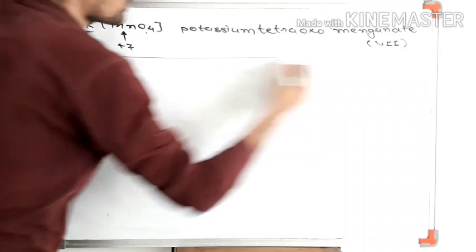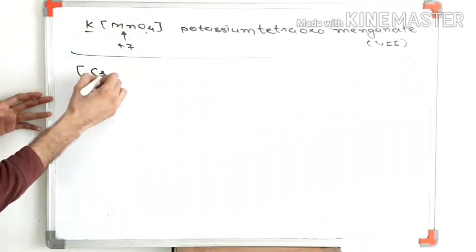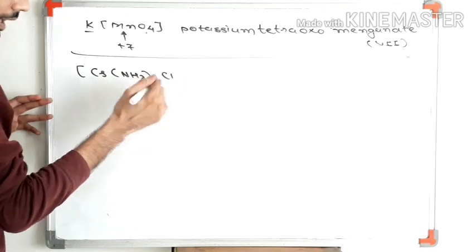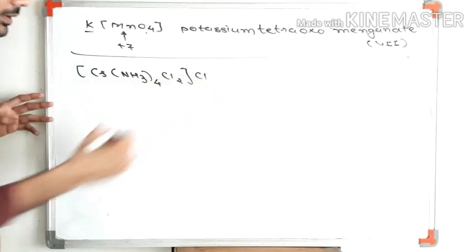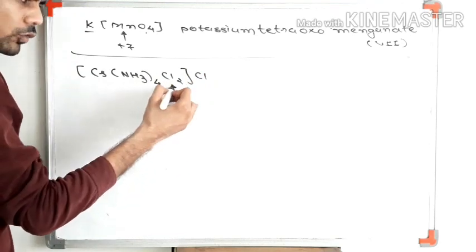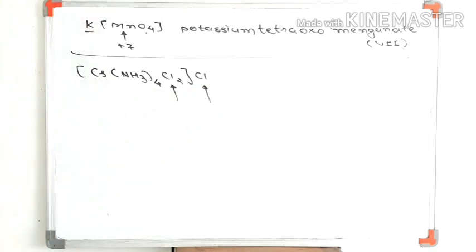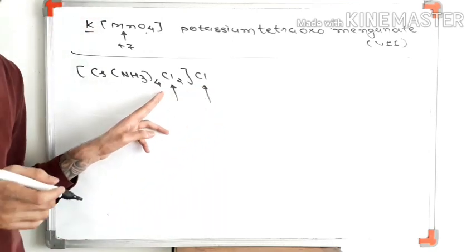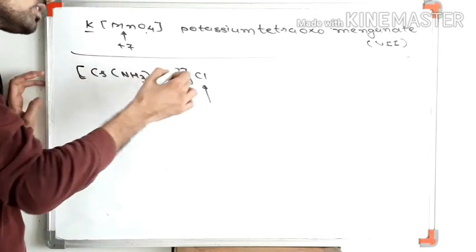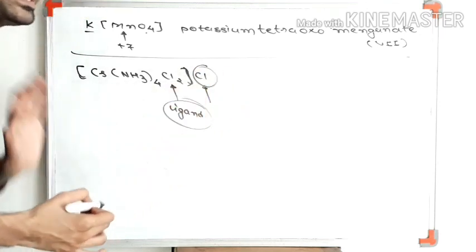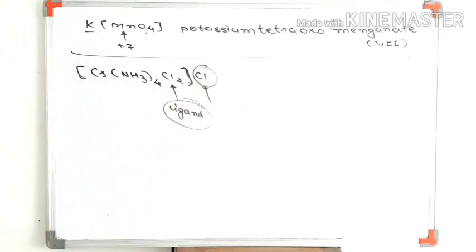Okay, like [Cr(NH3)4Cl2]Cl. Now for this Cl you have to apply O, chlorido, but for this you have to apply only chloride. Why? The two Cls which are inside the coordination sphere are ligands, but the ones outside the coordination sphere are not ligands. So there you have to apply only chloride.